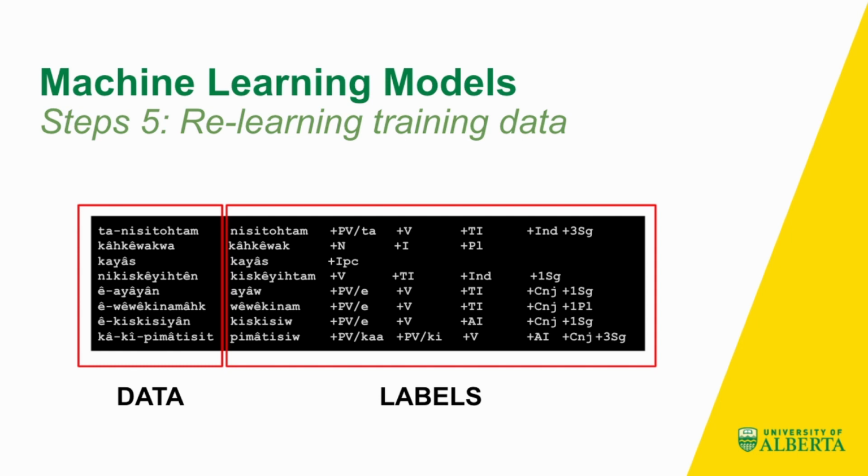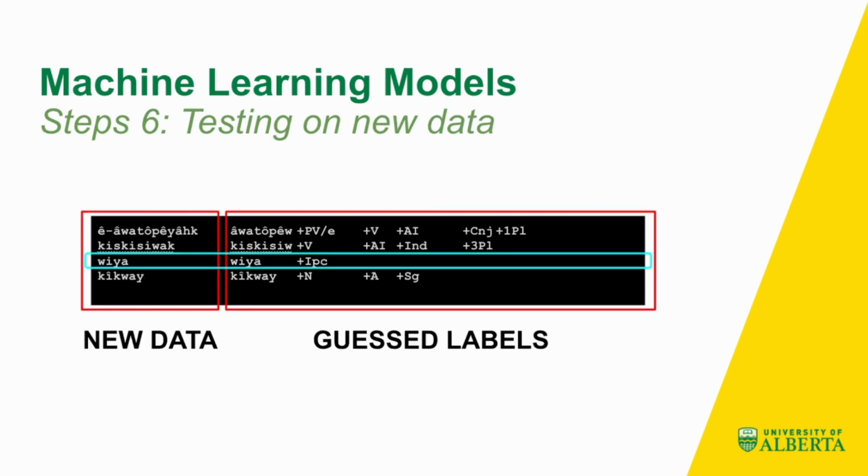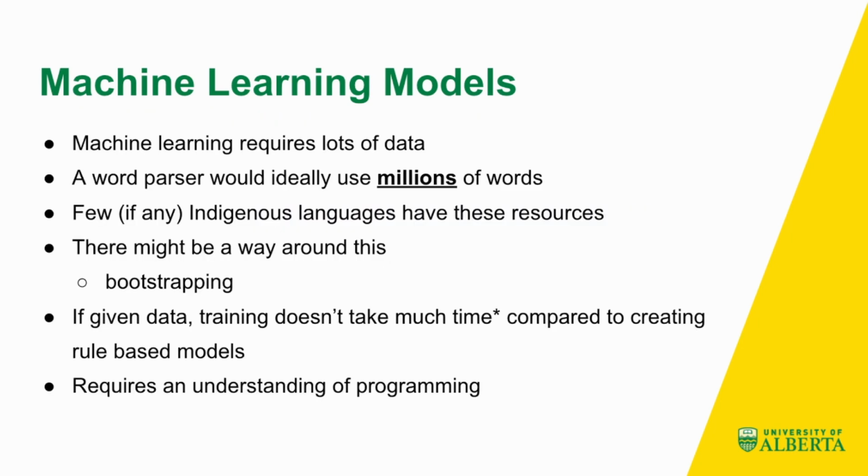If you have enough of the data, you can give it to the system, and the system will figure it out on its own. So a machine learning model is actually able to learn things that humans might not be as quick to learn.